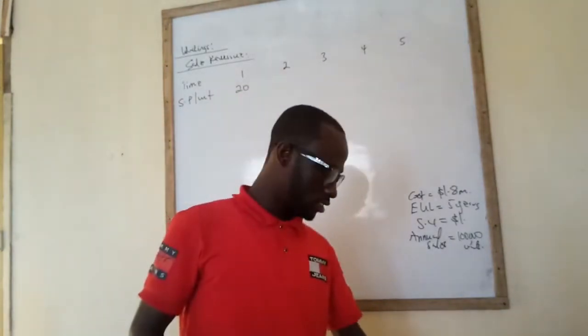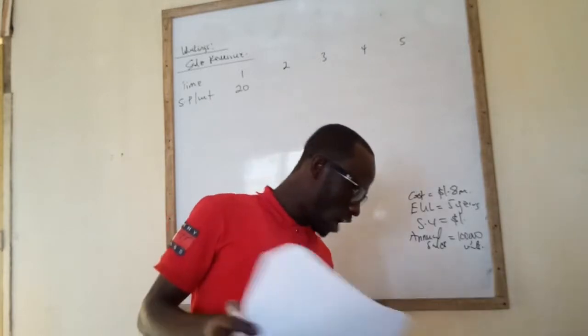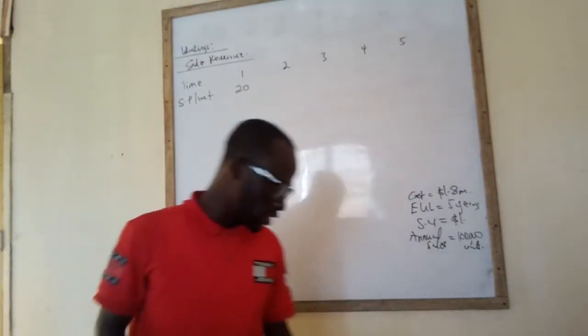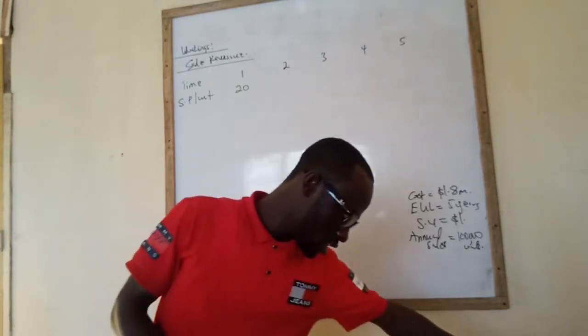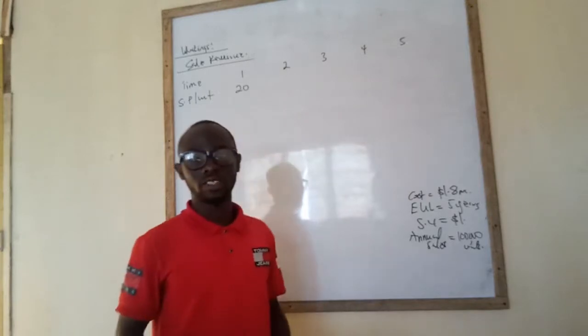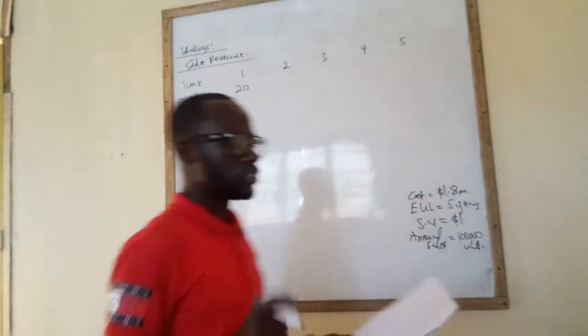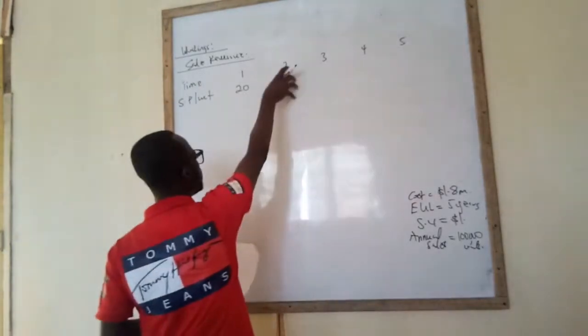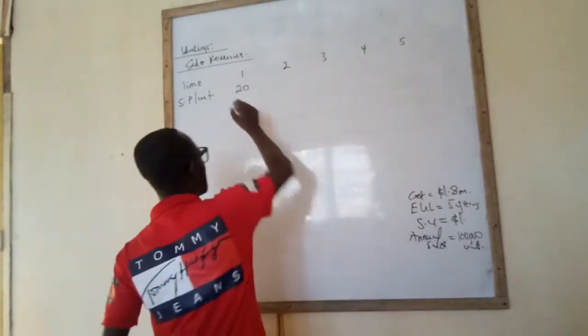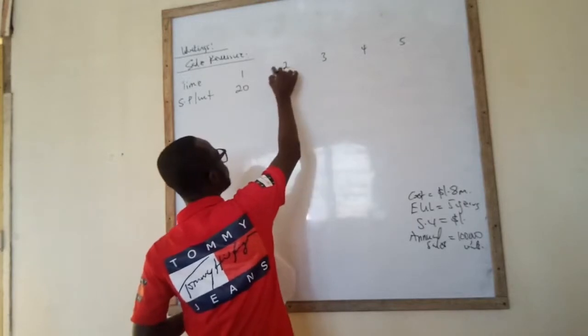But after that, let's go back. After that, we are told that the company expects that the selling price will be increased by 7% per annum. 7% per annum simply means in the year 2, we will have to incorporate the inflation. So in the year 2, the selling price is going to become 21.4.